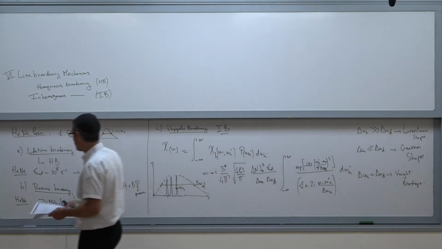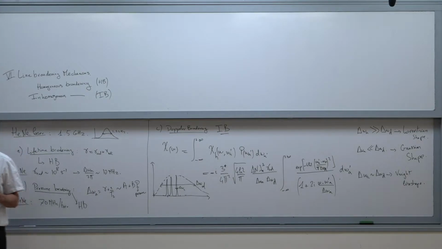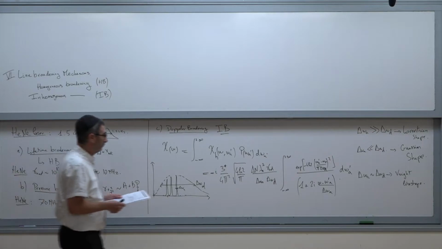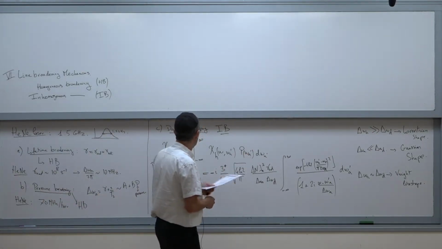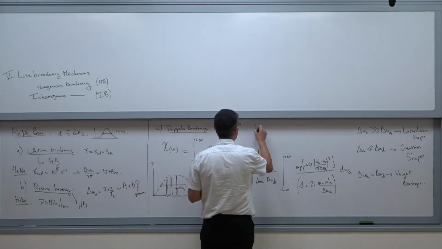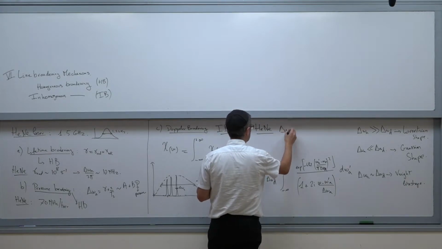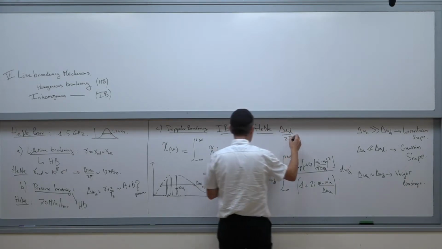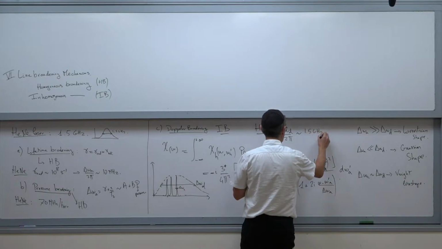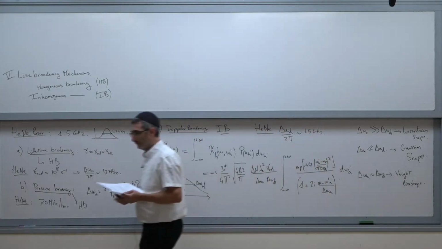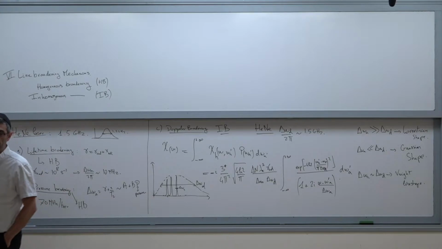So can we answer the question now about the HeNe? And actually, if you put numbers in the expression of delta omega D, you find that for the HeNe laser, delta omega D over 2 pi is of the order of 1.5 gigahertz. Okay, so I don't do the numerical application, but you can check it.